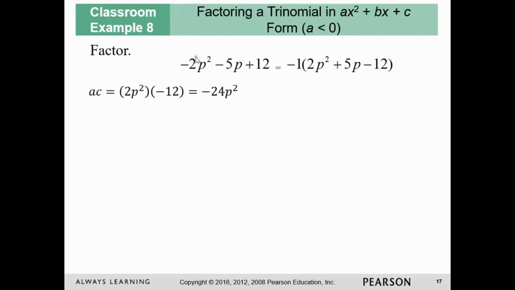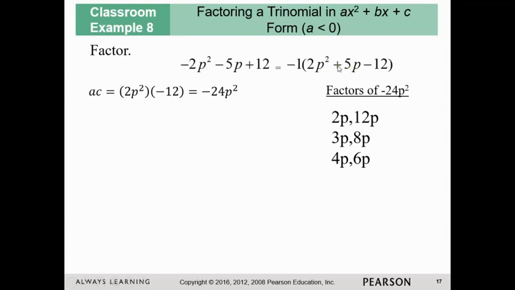So we calculate AC. And this time I'm using the variables. You don't have to use the variables, but this time I'm going to include the variables. AC is negative 24p squared. So what I would do would list the factors of negative 24p squared here. And I'm looking for factors of AC that will get me to the middle term.